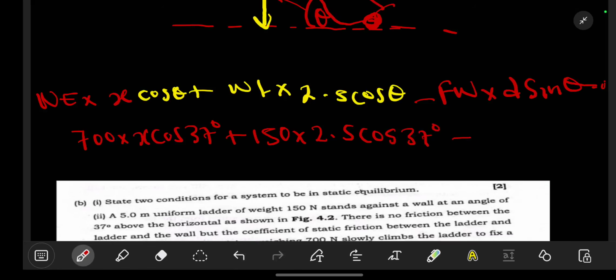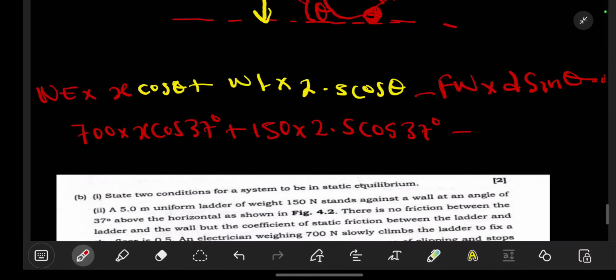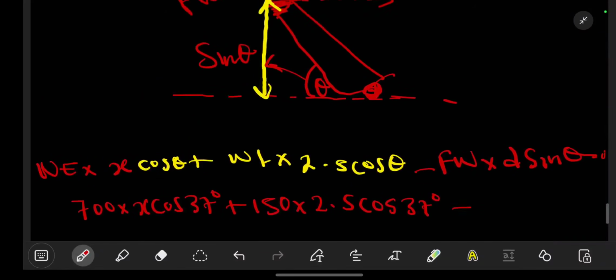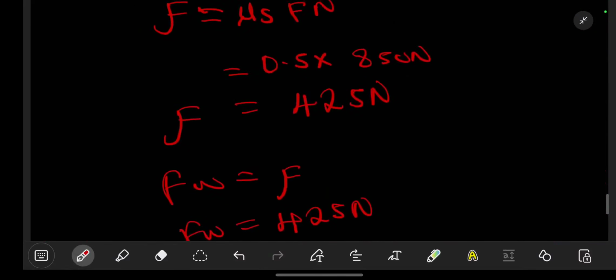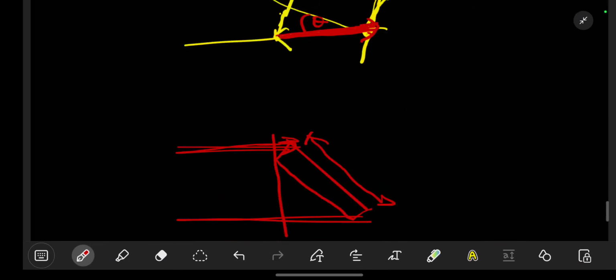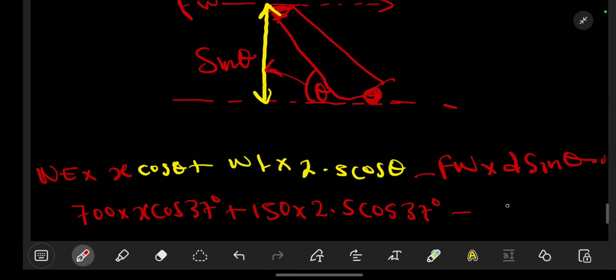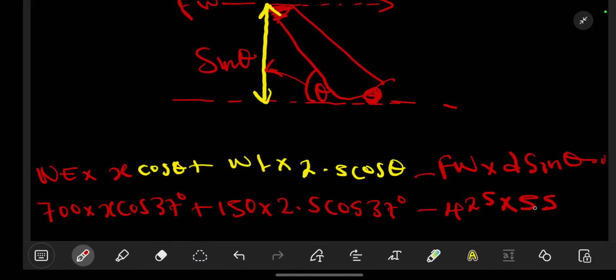Then we have minus the force on the wall. We found the force on the wall, if you recall, it's 425. So minus 425, then times the distance, which is 5, times the sine of 37. Let me reduce the font a bit.